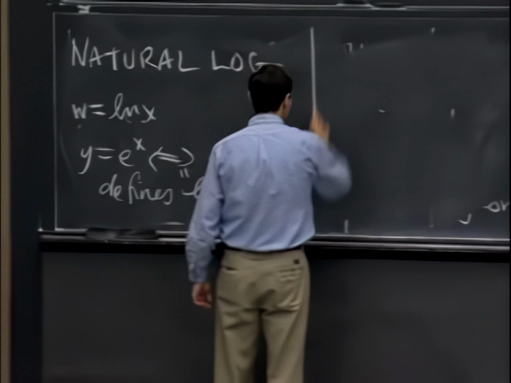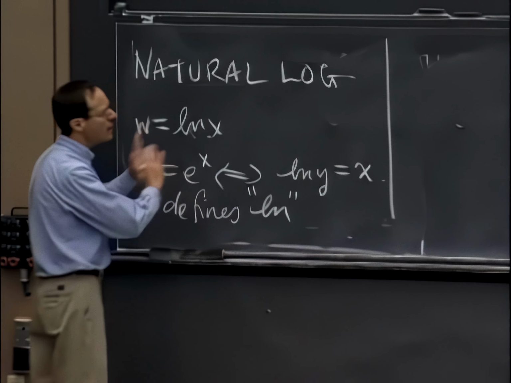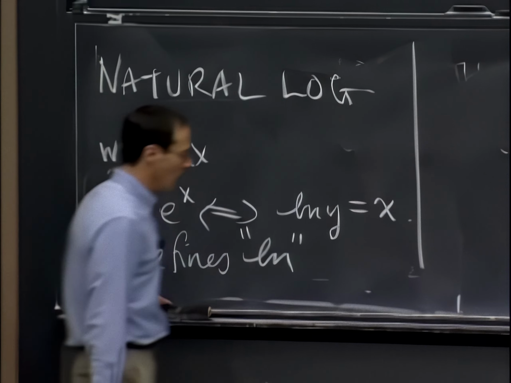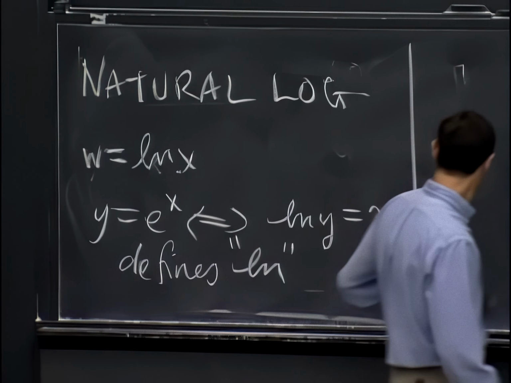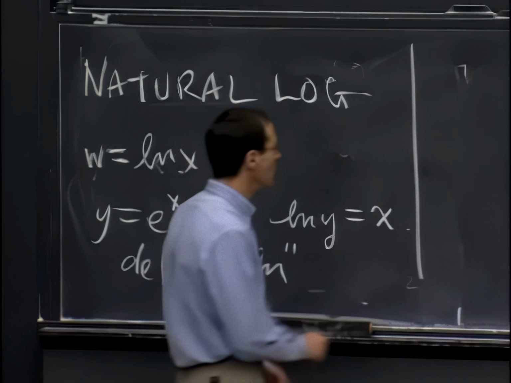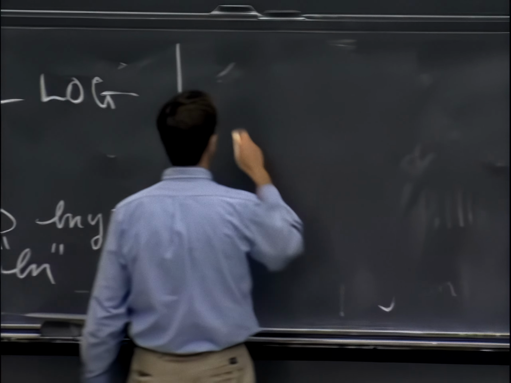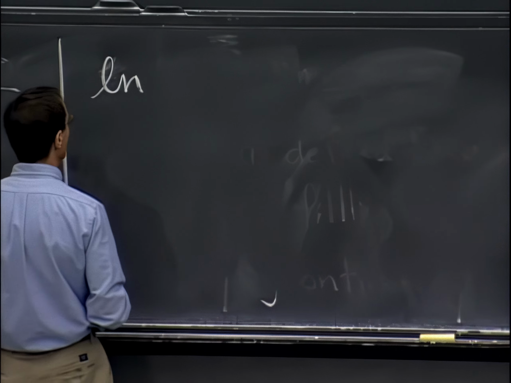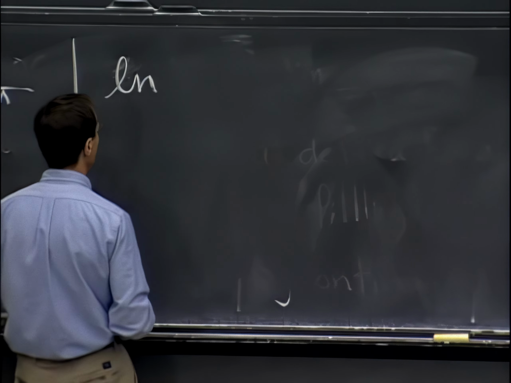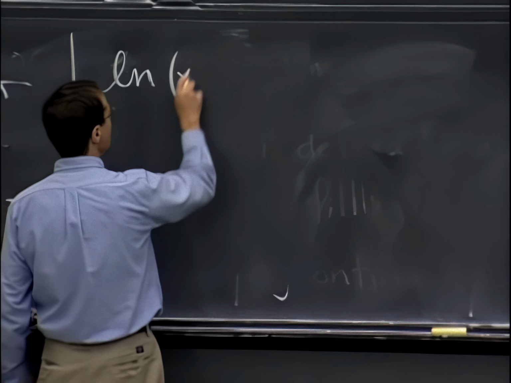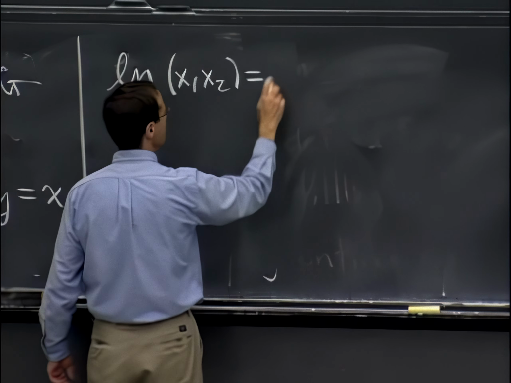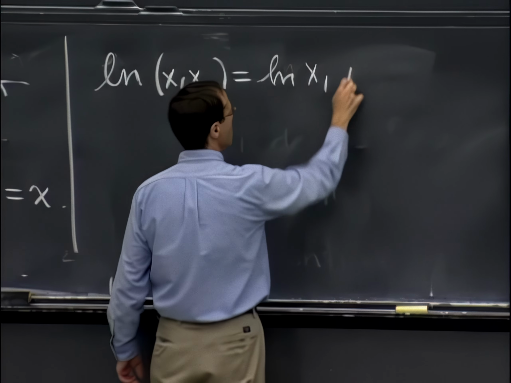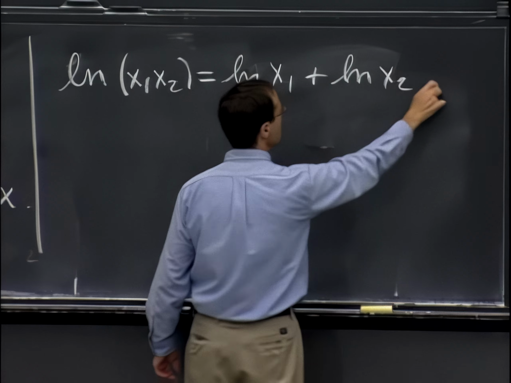Now, the logarithm has a bunch of properties, and they come from the exponential properties. And in principle, you remember these. I'm just going to remind you of them. So the main one that I just want to remind you of is that the logarithm of x1 times x2 is equal to the logarithm of x1 plus the logarithm of x2.